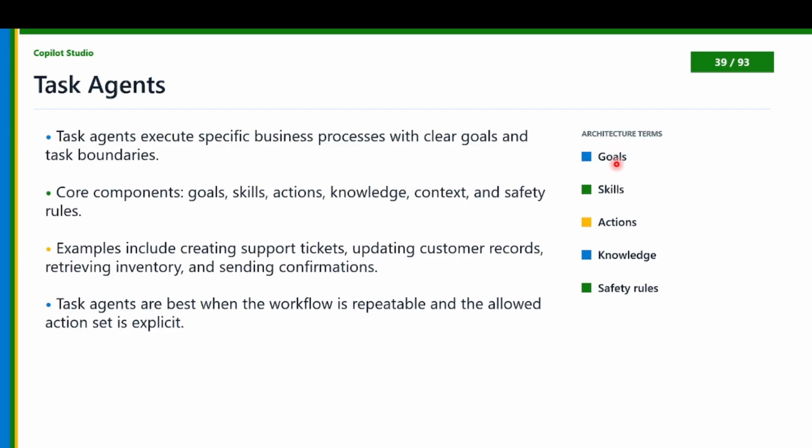You should understand goals. The agent should be goal oriented. You should understand skills. These are the prompts or instructions on the actions the agent should take, or what the agent should do. Skills are like defining the intellectual capability of the agent.